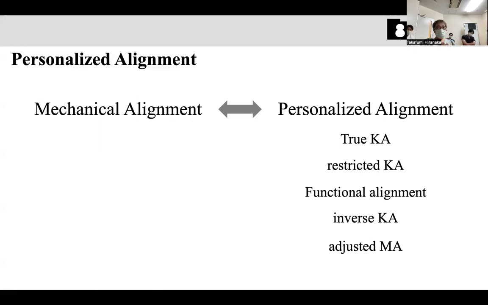Then cut the femur side, but unlike mechanical alignment aimed at the neutral axis, neutral leg alignment, adjusted mechanical alignment allows a minor deviation of up to 3 degrees in varus or valgus. So if we allow a slightly varus alignment, the situation can change dramatically.